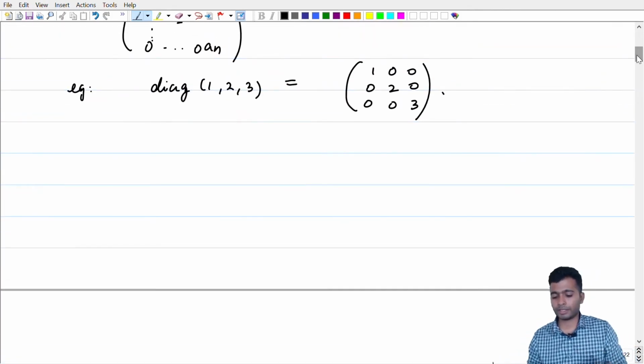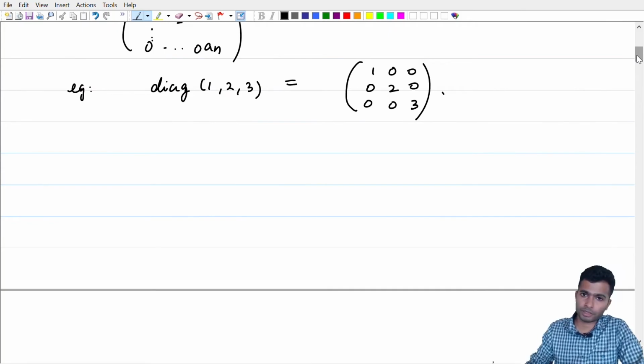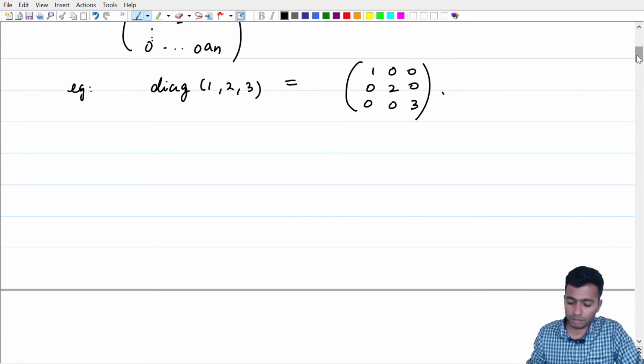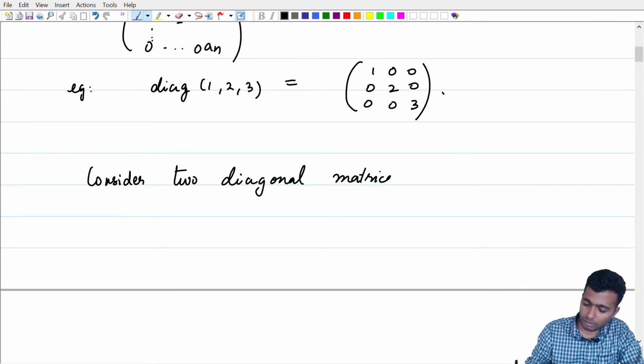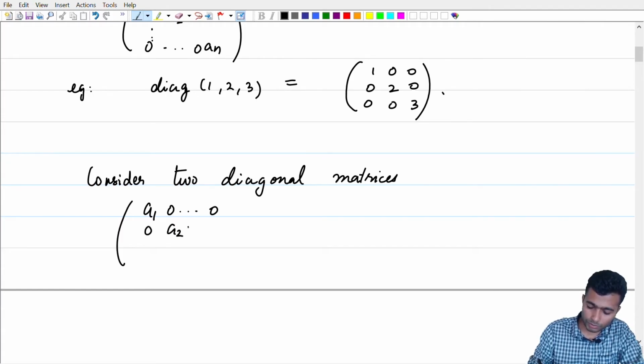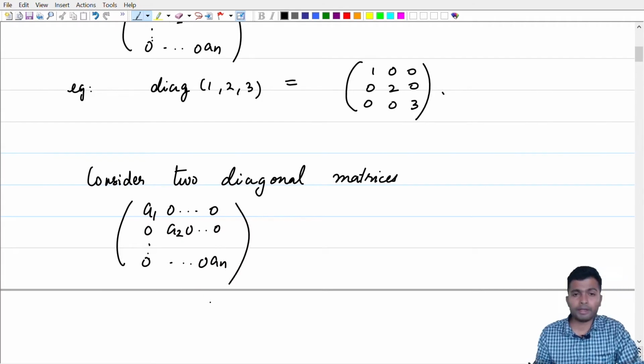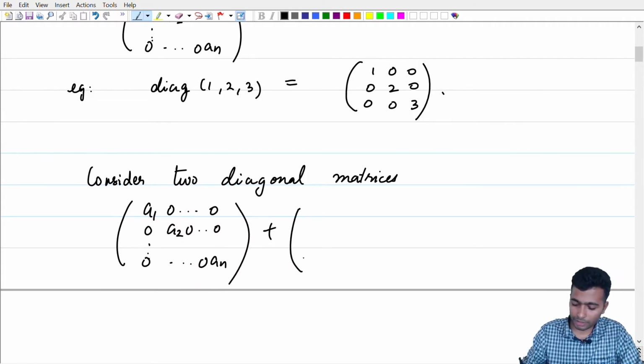Okay, so let's look at some operations with diagonal matrices. So consider two diagonal matrices. Let's look at, say, a1 0 0, 0 a2 0 and so on, and let's add it to another diagonal matrix, which is going to be b1 0 0 and so on.